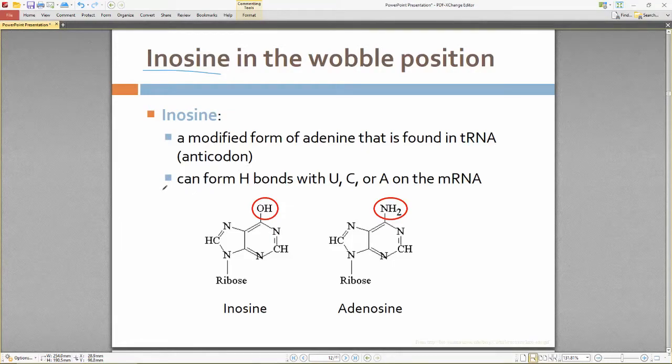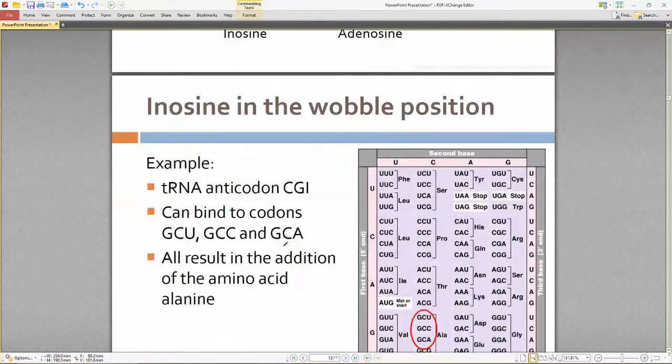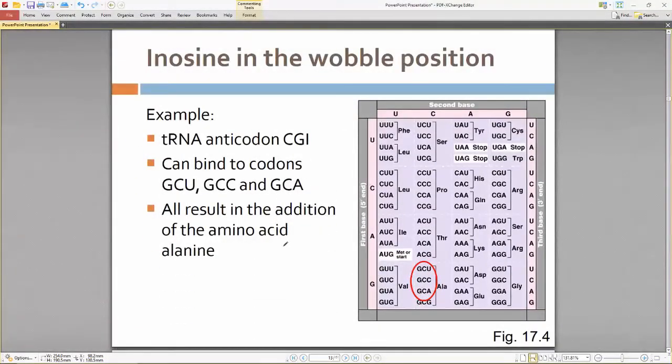And inosine can form hydrogen bonds with U, C, or A on the mRNA, which allows for a little bit of flexibility. So if we look over here, for example, a tRNA, let's say it has an anticodon of CGI.